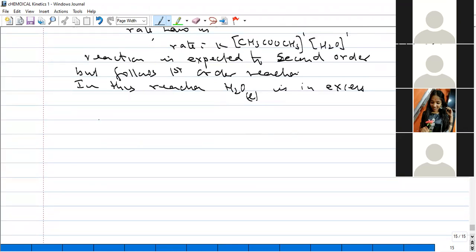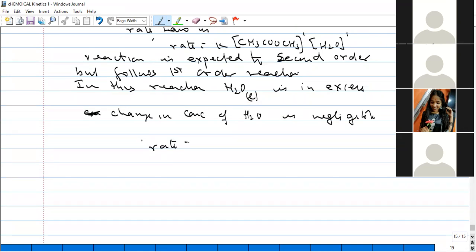The change in concentration of water is negligible. Therefore, we say rate is equal to K into the concentration of methyl acetate into another constant K dash.